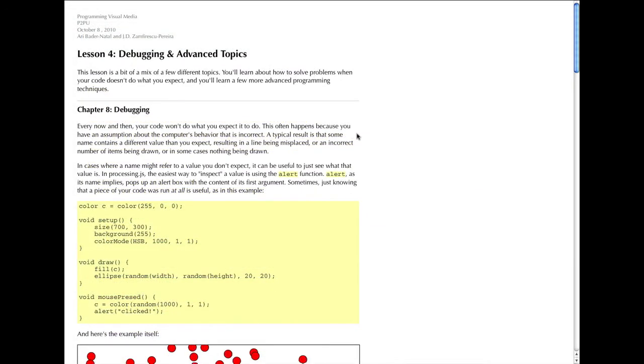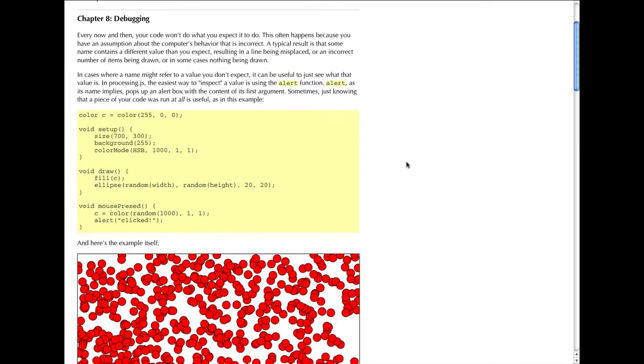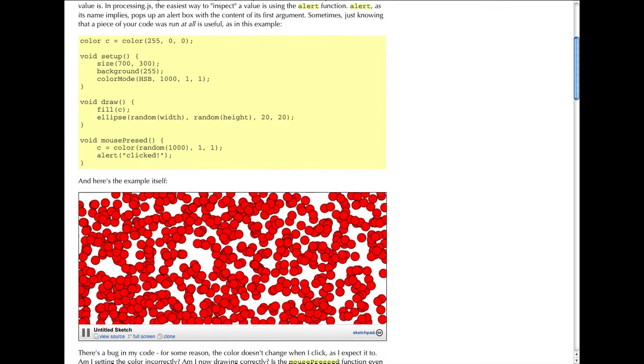This is one of the lessons that JD Zamfrescu, who I co-organized the course with, who's also one of the original authors of Etherpad, had put together for the class. So here there's a combination of an explanation, here's what some code looks like, and then here's how it runs.